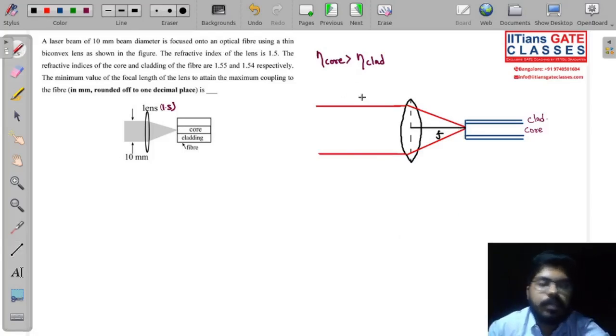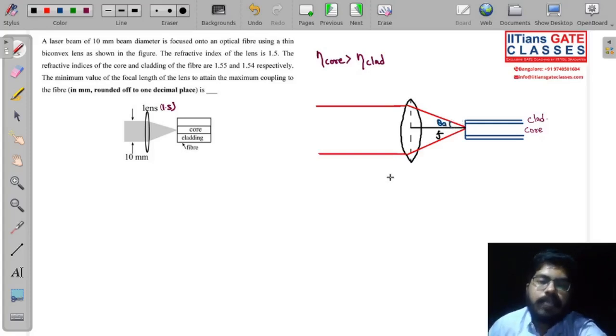We need to know our basics of trigonometry and some basics about the critical angle and acceptance angle. So what is our acceptance angle here? This is my theta, the acceptance angle.